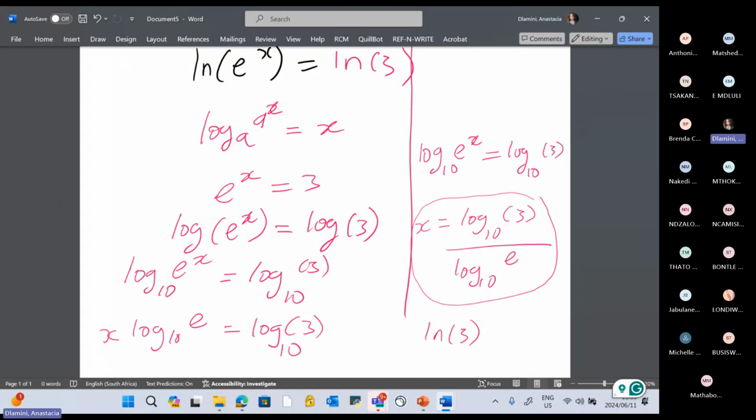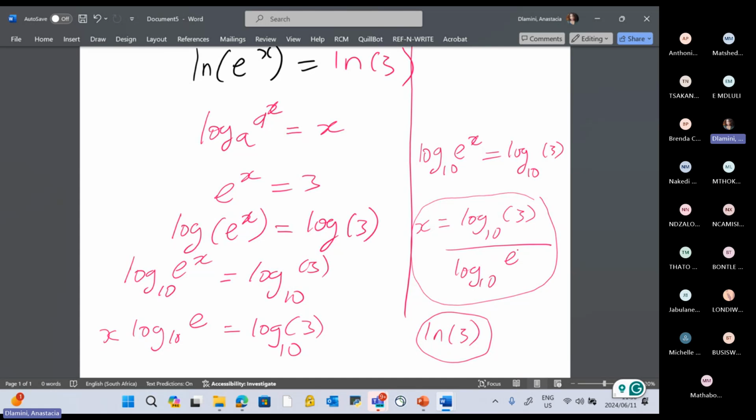Okay. Now, if you look at what we have currently done here, it's a lot of steps just to tell us that we end up at ln 3. Do you see that? Yeah, that's a lot of ways to go. What's log e?